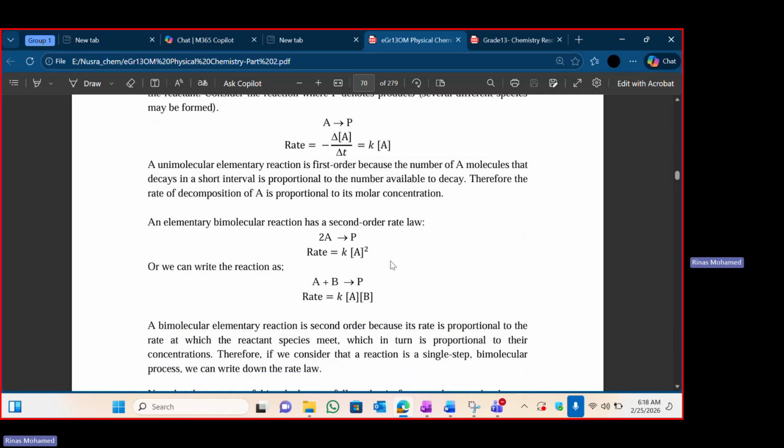Another example: an elementary bimolecular reaction has second order.